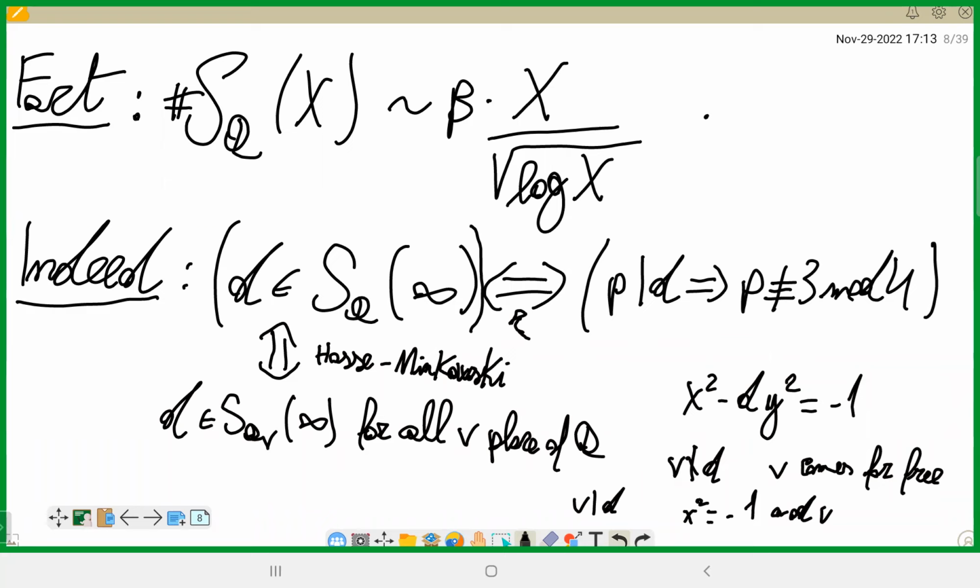So it's prohibited to have a prime factor that is 3 modulo 4. Remember, D is square free. So for non-square free, there will be a similar criterion, but you have to ask something about the parity of the exponent. For a square free D, it's very easy to tell from the prime factorization of the discriminant D whether D is in SQ infinity.